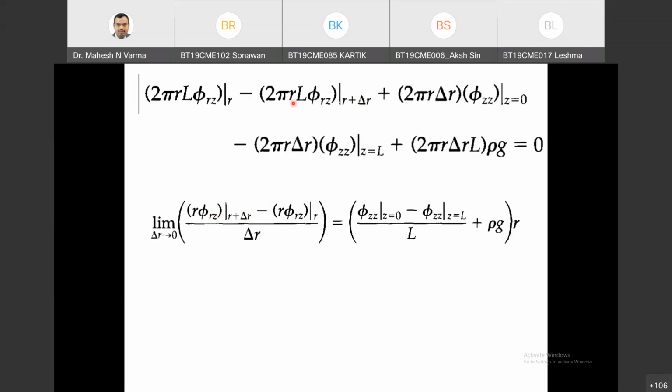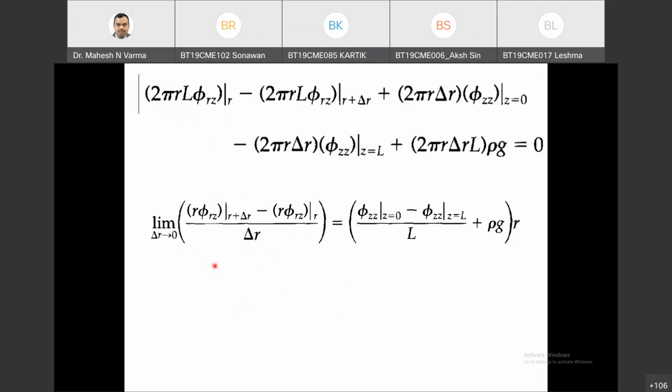Don't change the location of r because my property is changing with r. Only what you can change is all other constants: 2, pi and L. So use the definition of differentiation and rearrange the equation.